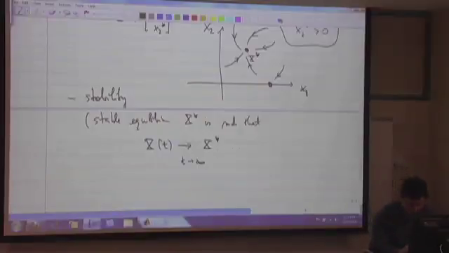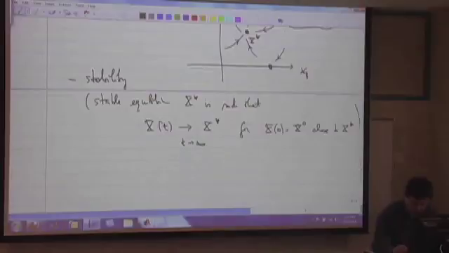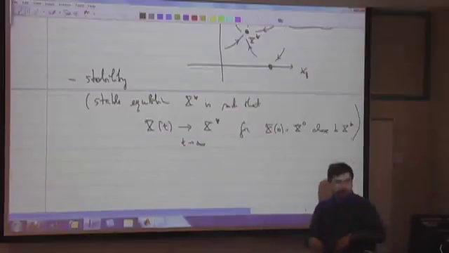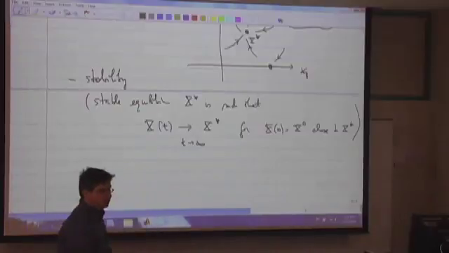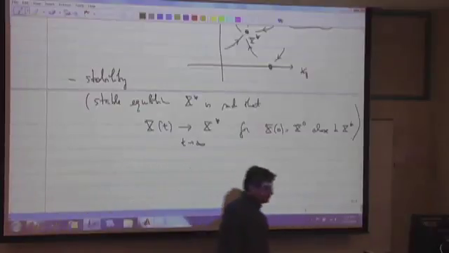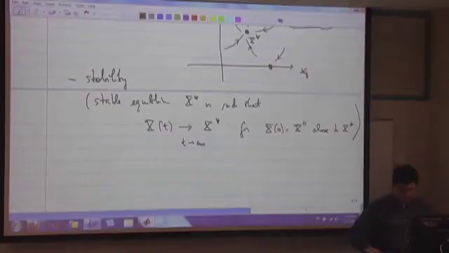So if x of t approaches x star for x of 0, which is x0, close to x star. Okay, and we're going to define unstable basically as an equilibrium that's not stable. We'll see how that can happen.